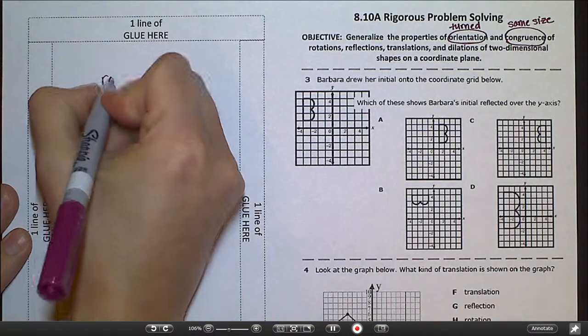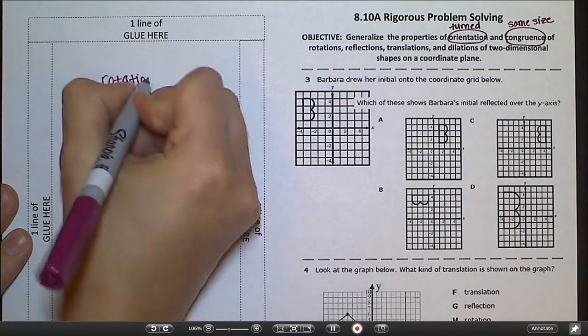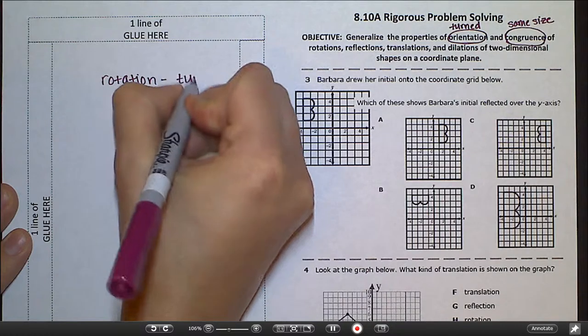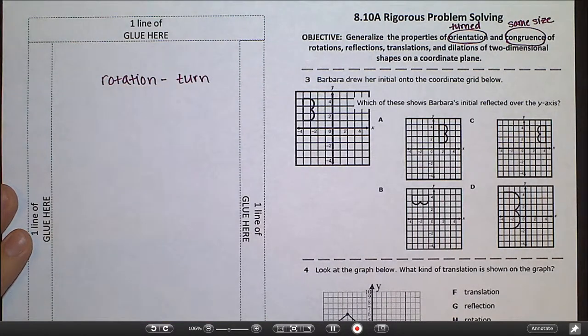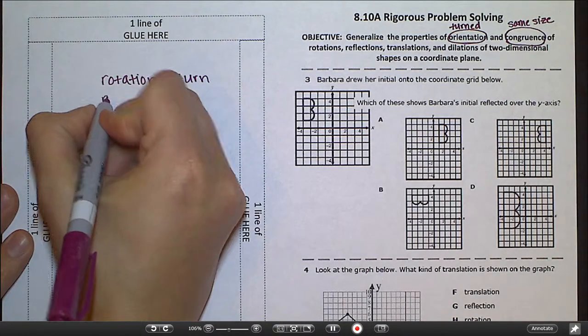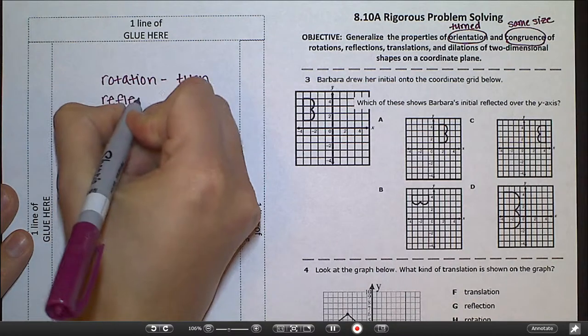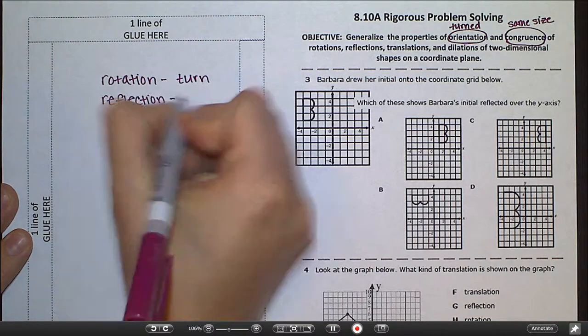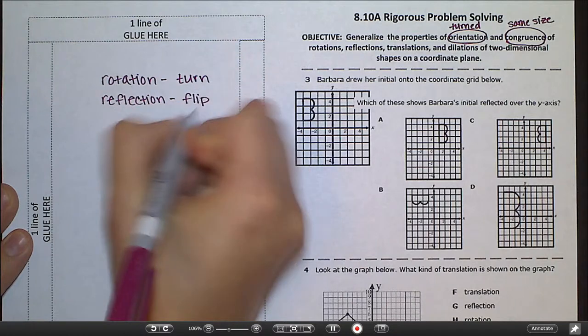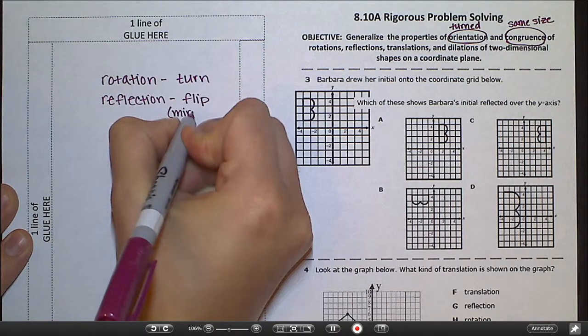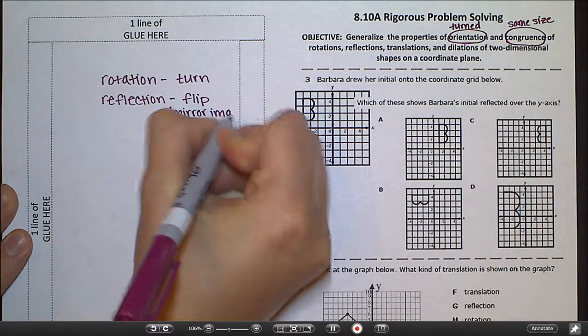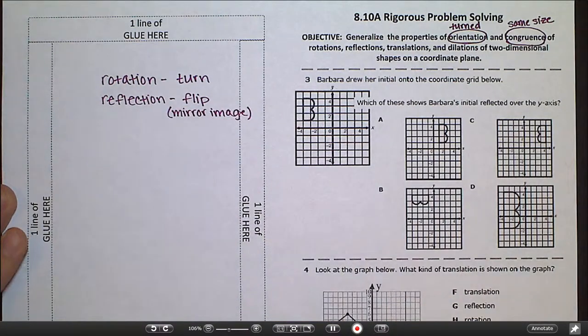A rotation is a turn, so we turn the figure. A reflection is a flip or a mirror image. Okay, so however you like to think of that, either flipping the shape or like looking at it in a mirror.